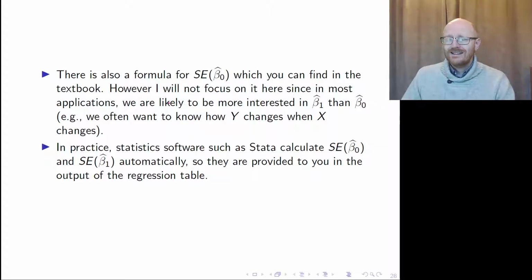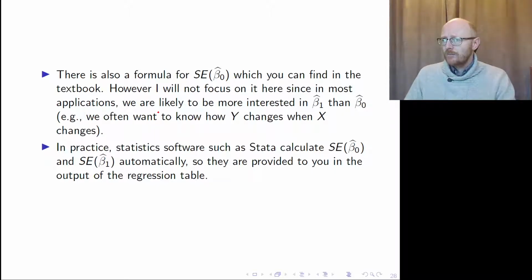You can find that in the textbook, because we focus here on the relationship between a change in x and a change in y, because we often look at whether we can use the x variable to explain any of the variability in the y variable.